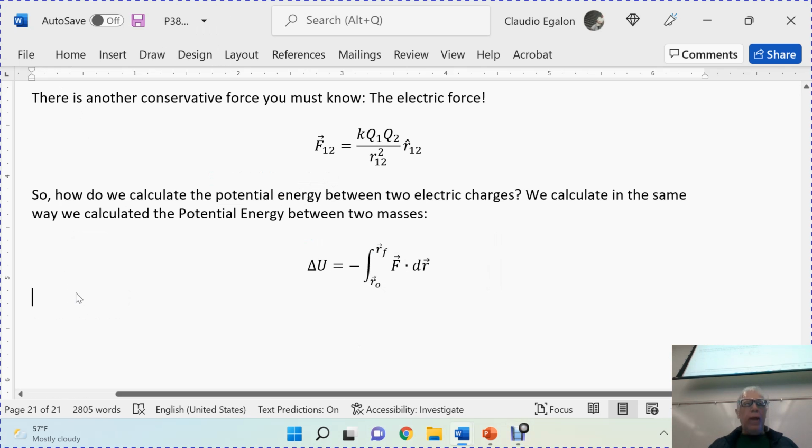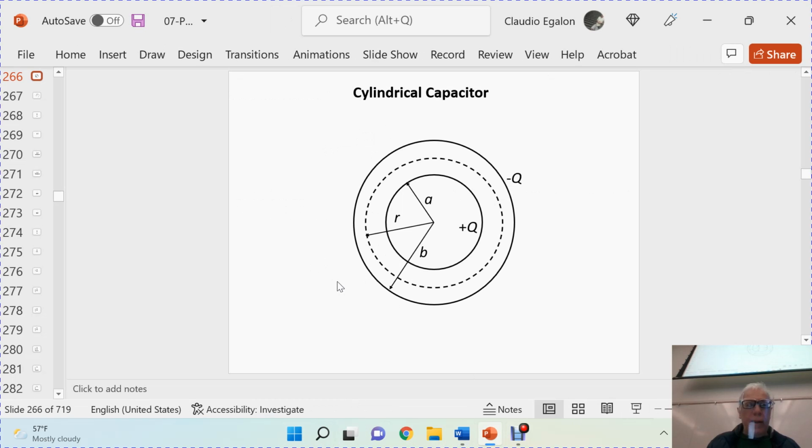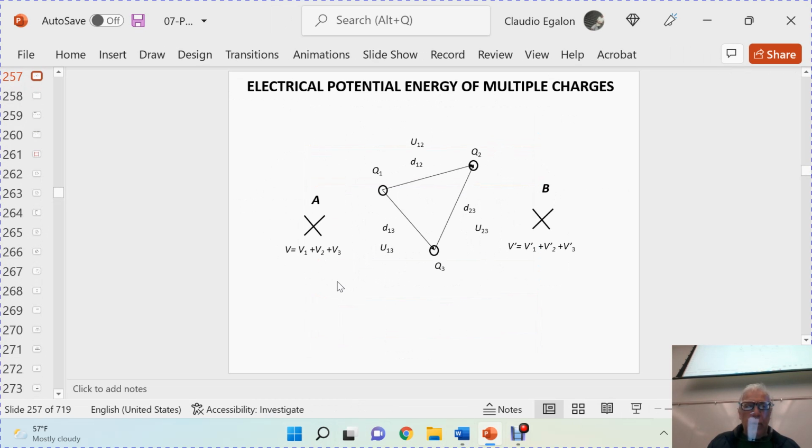So we're gonna calculate the electric potential energy, which is minus the work done by the electric force. And what drawing do you have to have in mind? I'm gonna make it right here.